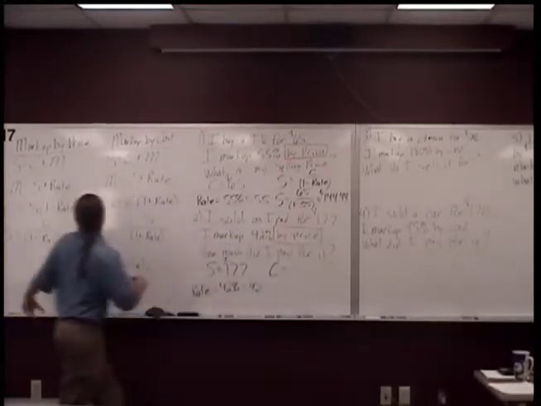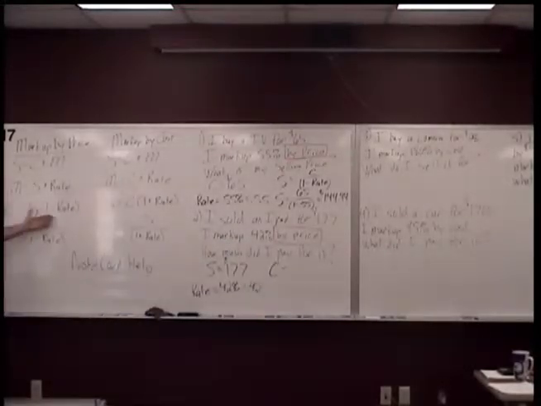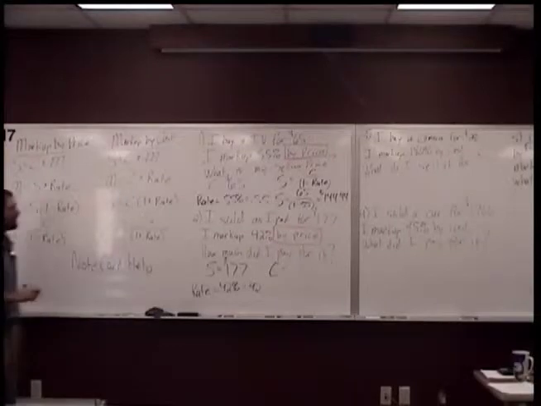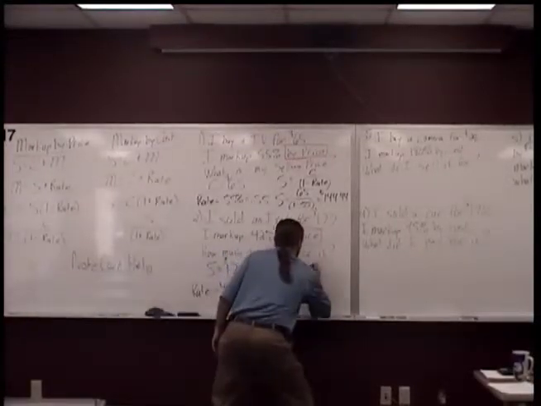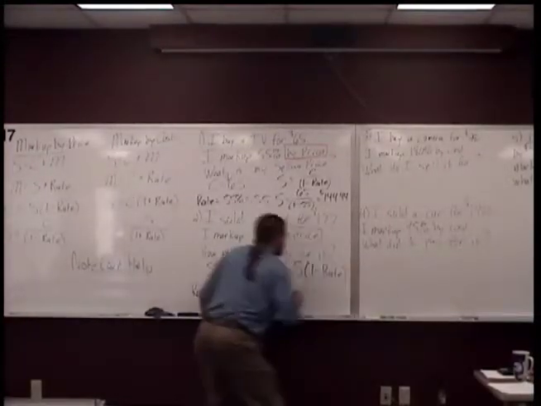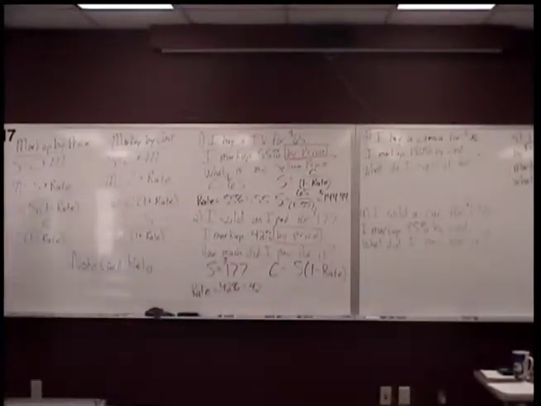And over here on my markup by price formulas, here's my formula for calculating cost. It's just the selling price times 1 minus my rate. Again, now it's just plug the numbers in.